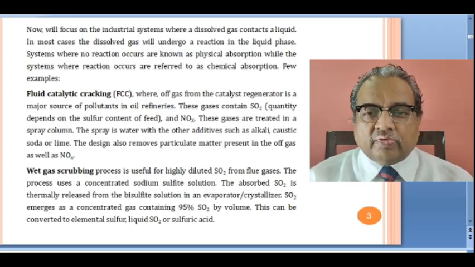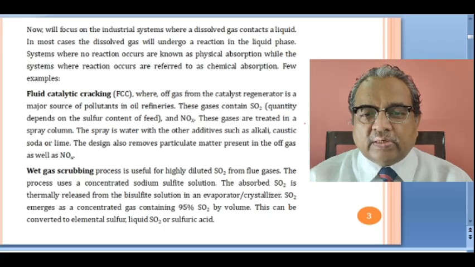various oxides of nitrogen. Next example is wet gas scrubbing process, which is useful for highly diluted sulfur dioxide from flue gases. The process uses a concentrated sodium sulfite solution.